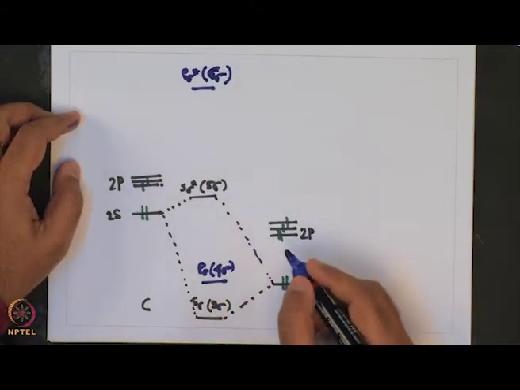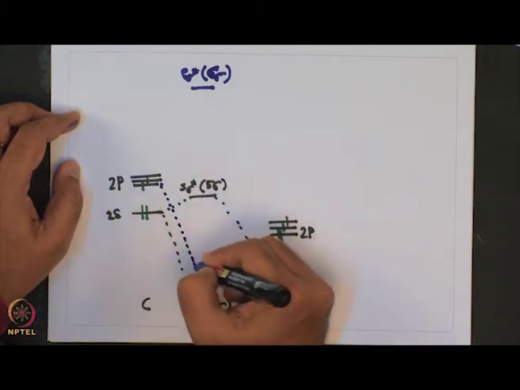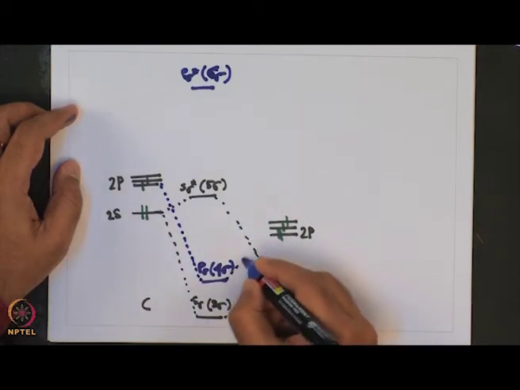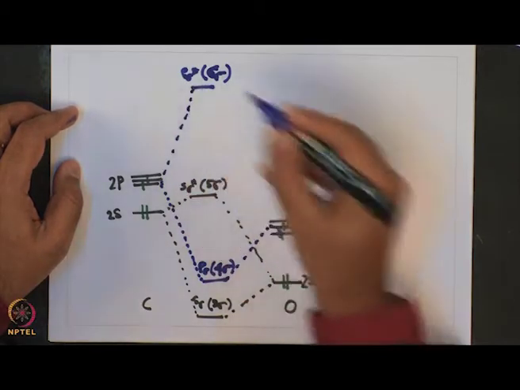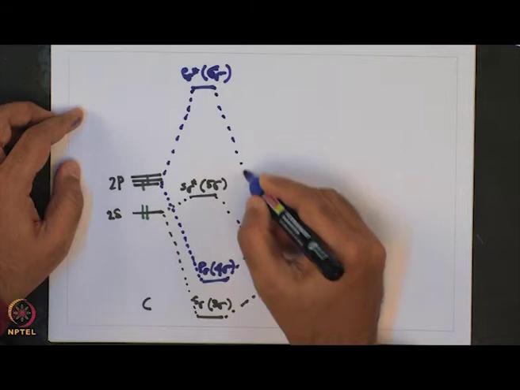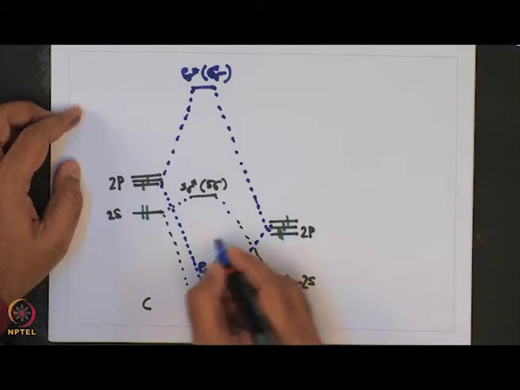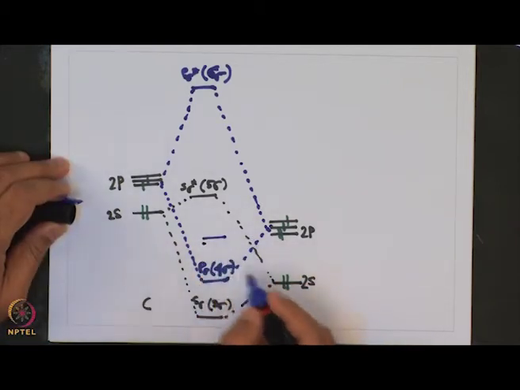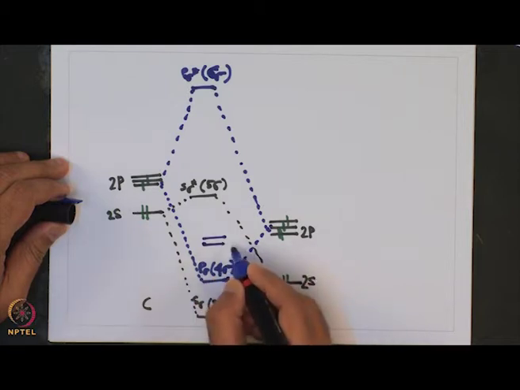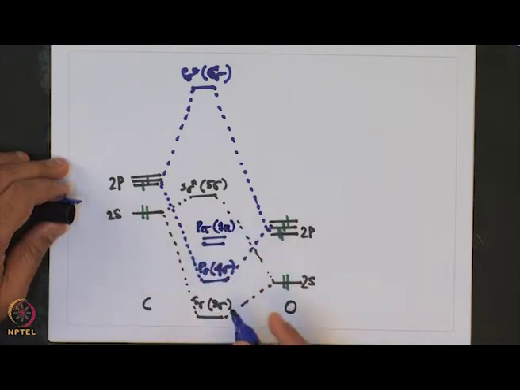And then the px and py orbitals of carbon interact with those of oxygen, giving the corresponding sigma star, and that leaves the 2 p orbitals, which are p pi type, and these are degenerate.